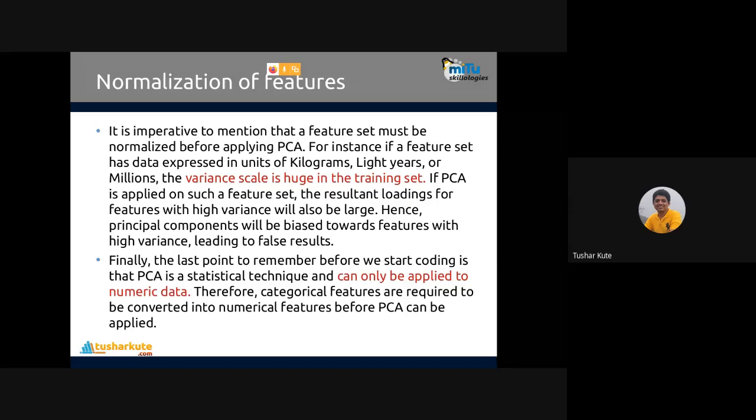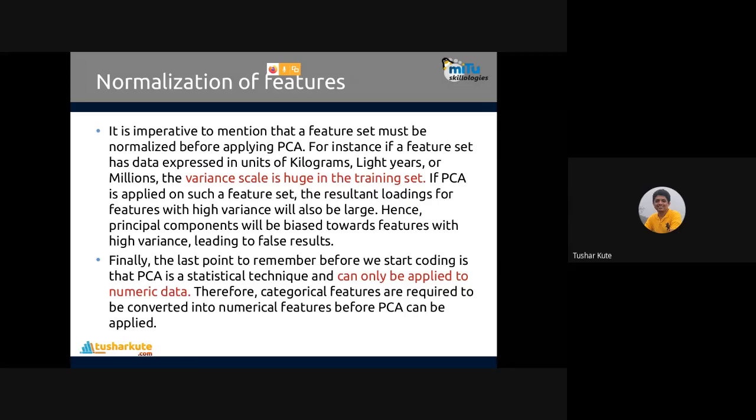the variance scale is huge. In the training data set, see one thing: statistical techniques, data science techniques, don't actually work on the magnitude of the data. If magnitude is higher, then you are the winner? It's not the case. They work on relationships among the data.